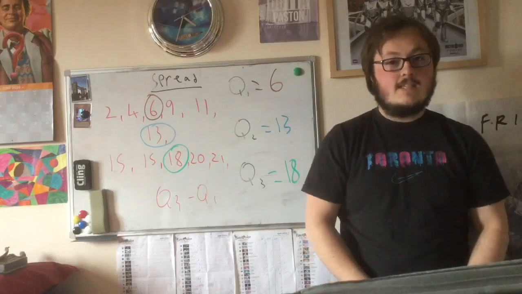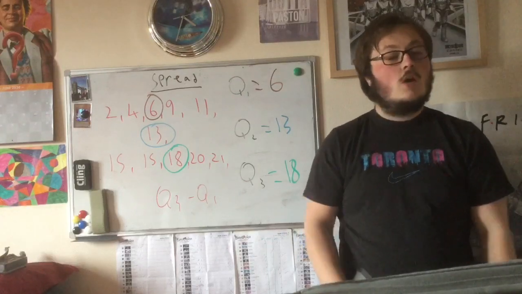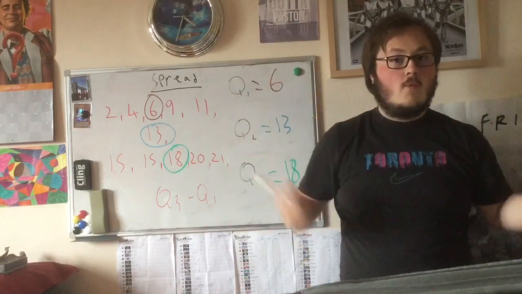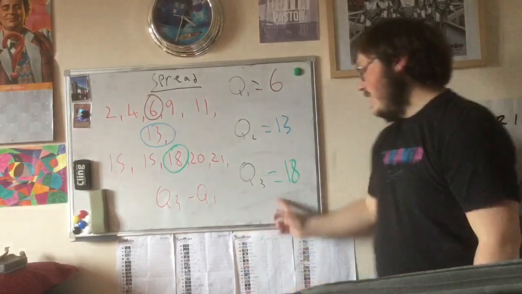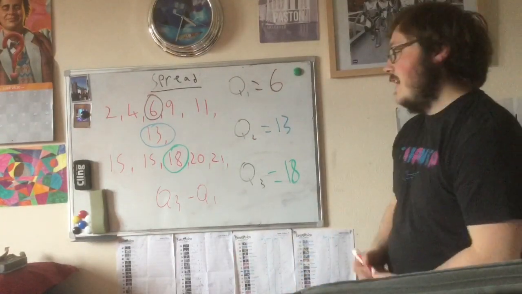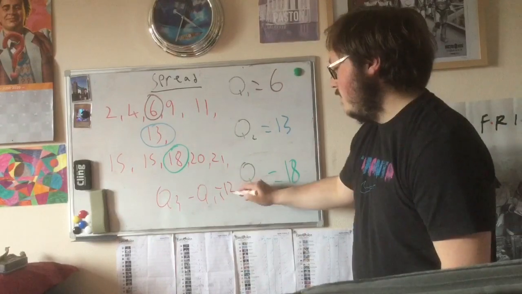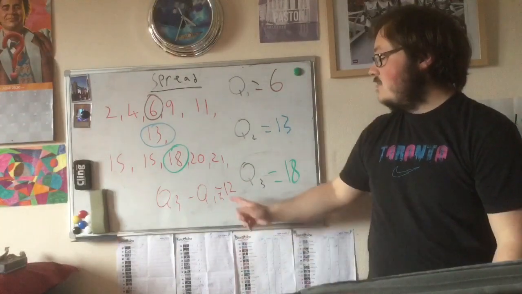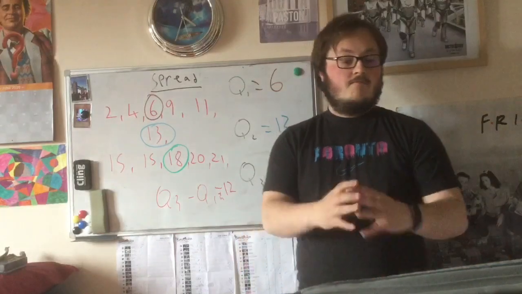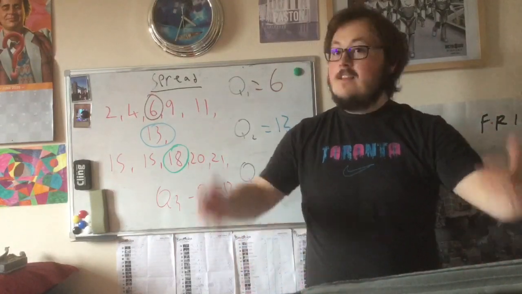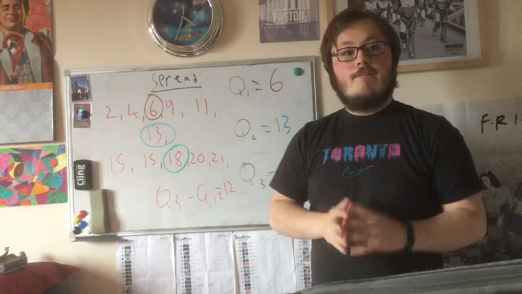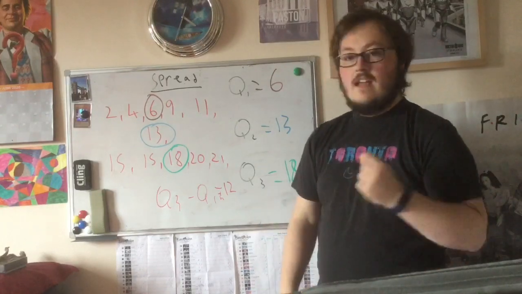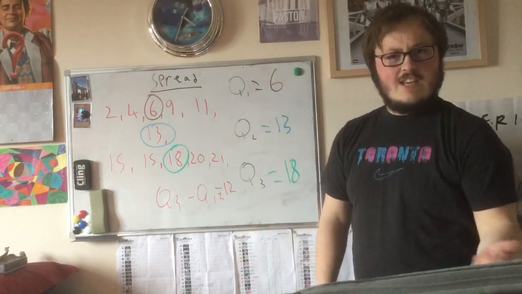So in this case, the interquartile range, biggest quartile and the smallest quartile, take them away. So what is 18 take away 6? That gets us 12. So our interquartile range is 12. Quite a reasonable spread there, and that's all you have to do when finding out the spread using the interquartile range. Let's check out another one.